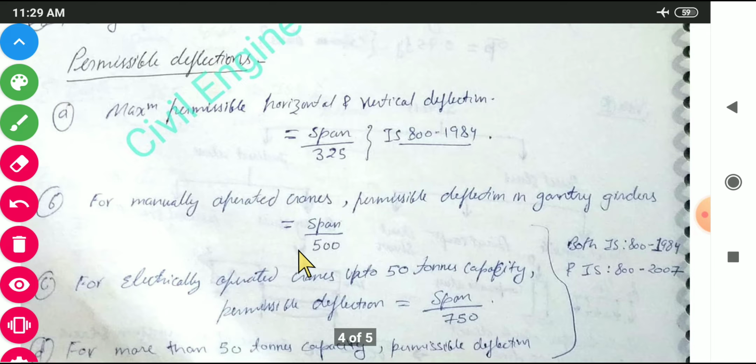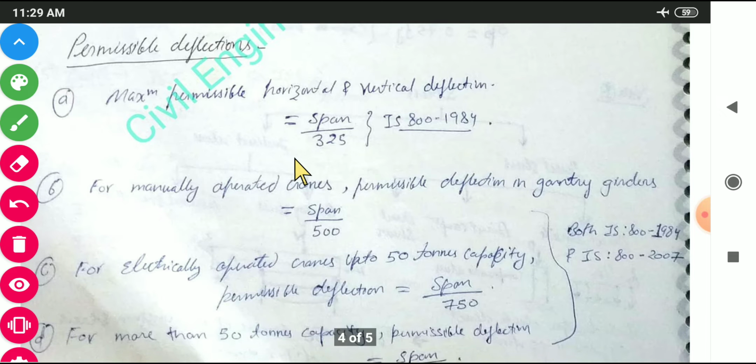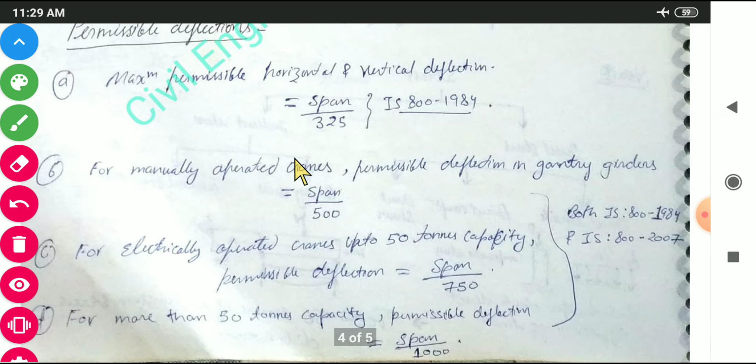Next we will be discussing the permissible deflections. Maximum permissible horizontal and vertical deflections are given by span upon 325. It is given in IS 800 1984. For manually operated cranes, permissible deflection in gantry girders is given by span upon 500.